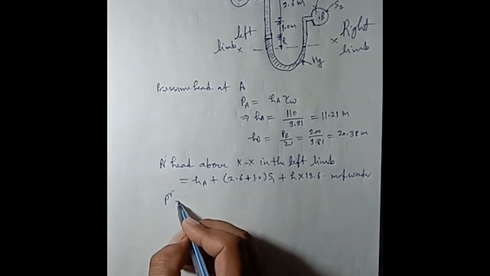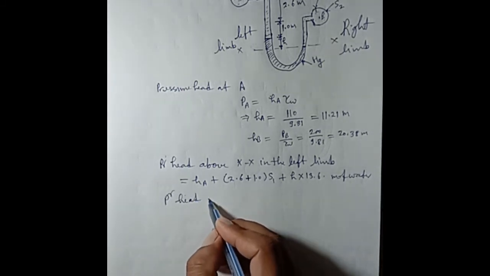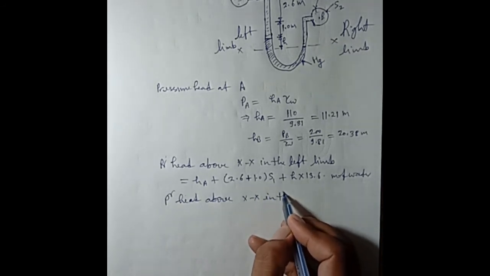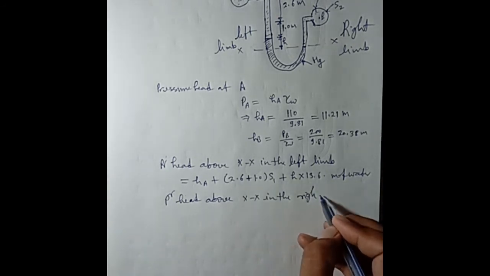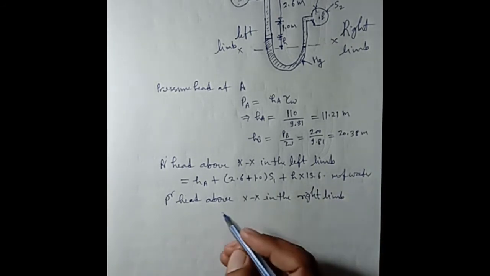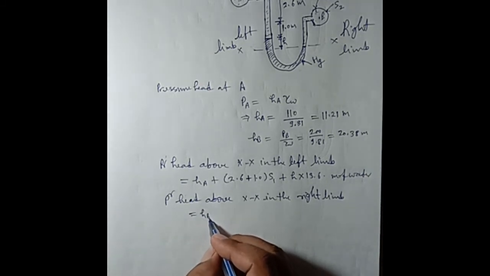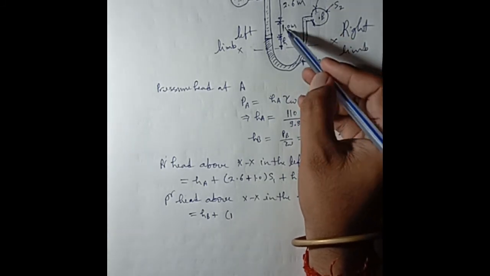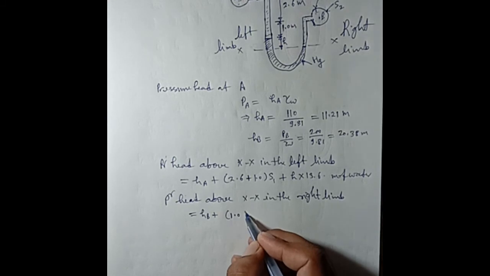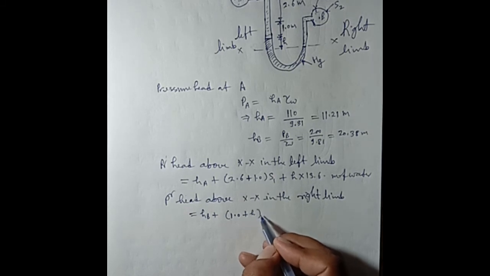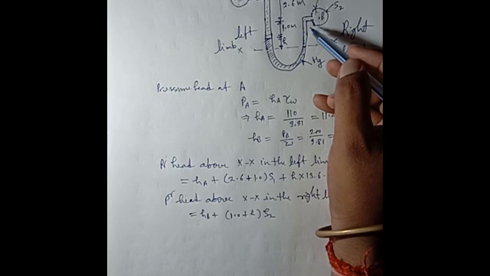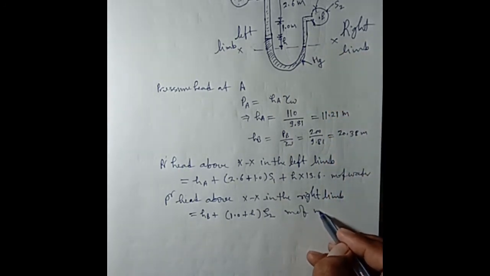And the second one is the pressure head above XX in the right limb is equal to HB plus 1 meter, HB into 1 meter plus H into S2, that is the specific gravity of fluid 2, meter of water.